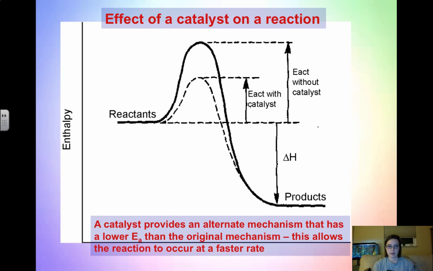And by minimizing the activation energy, we increase the reaction rate. So that is why a catalyst has an effect on the reaction. We've been talking about what the effect is, but now hopefully you understand more of the why a catalyst has an effect on a reaction.